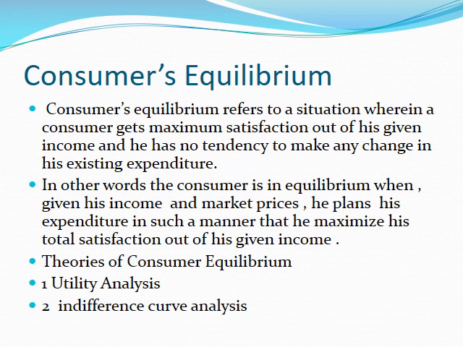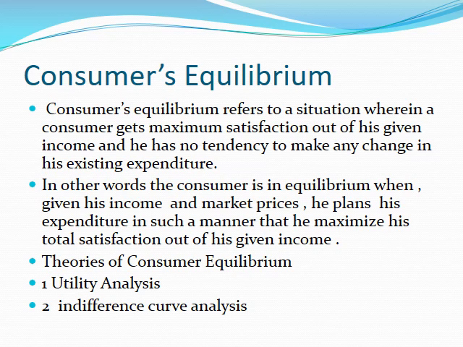Before we start, let us understand the meaning of consumer equilibrium. Consumer equilibrium refers to a situation when the consumer gets maximum satisfaction out of his given income and he has no tendency to make any change in his existing expenditure.